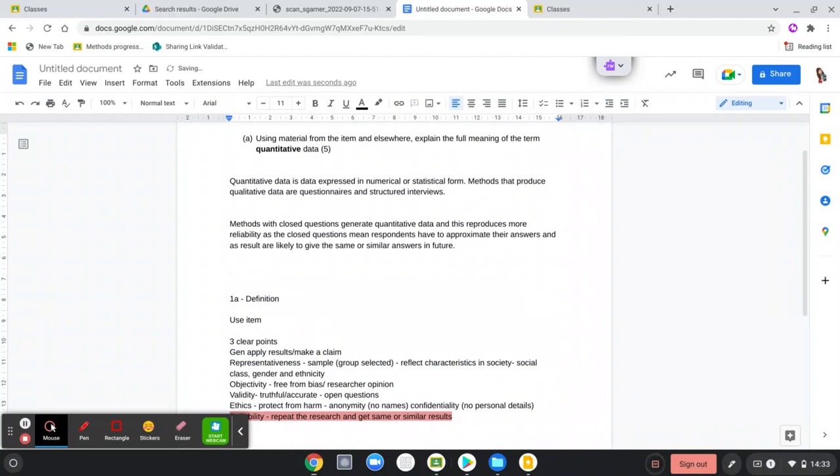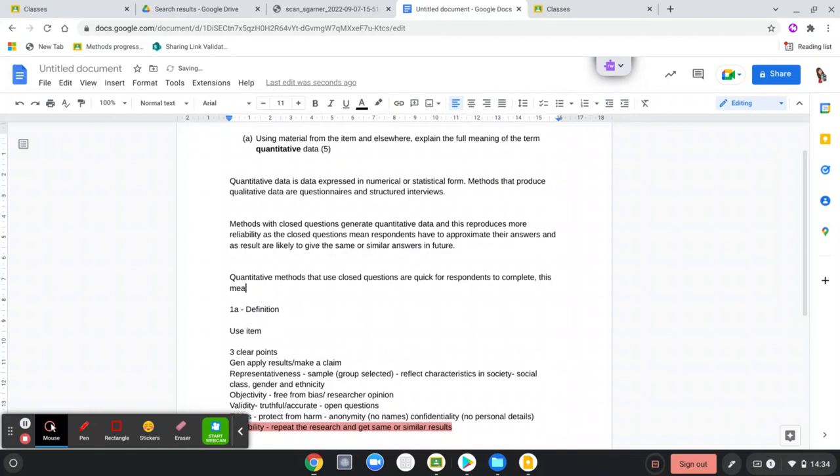Closed quantitative methods, because that's the question. Quantitative methods that use closed questions are quick for respondents to complete. The closed questions are quick for the respondents to complete.